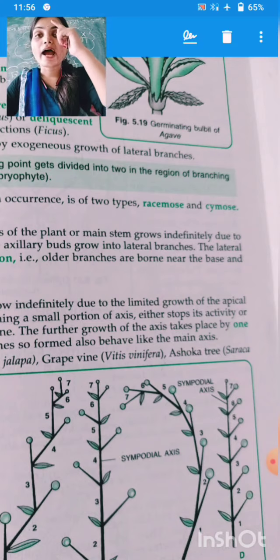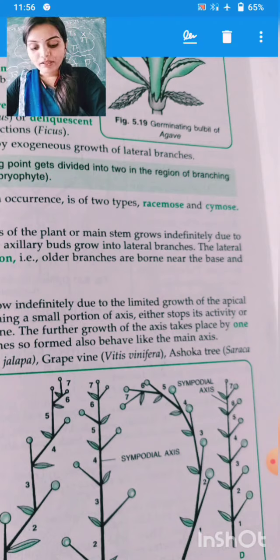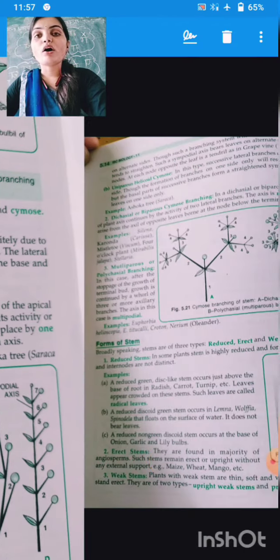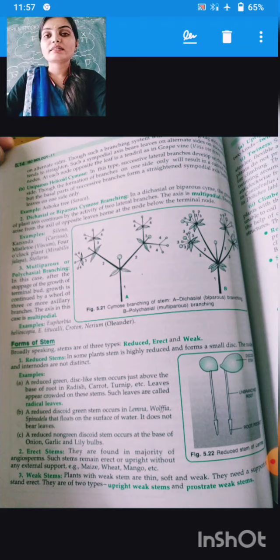Sympodial axis means at one side the branch is arising and at one side the leaf is found, but the position is alternated. But when you see the C and D parts, each and every axis has leaves at its terminal. So all these things are found on the stem.